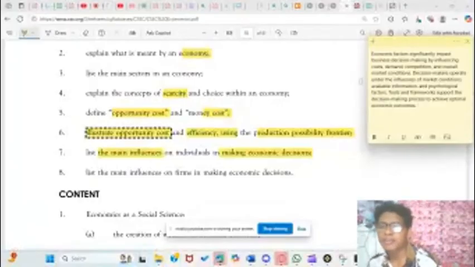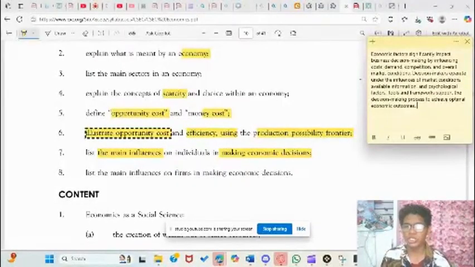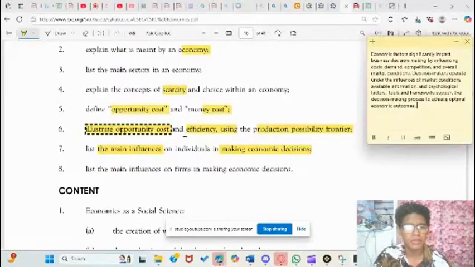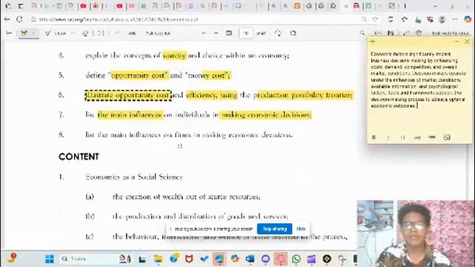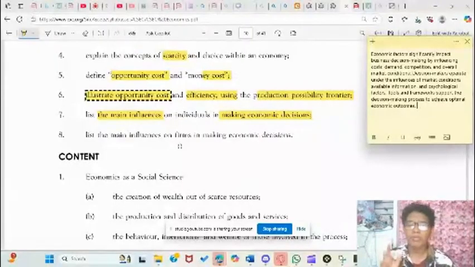So it says here, economical factors significantly impact business decision making by influencing cost, demand, competition, and overall market conditions. So some influences that firms have on market or economical decisions are instances like competition.